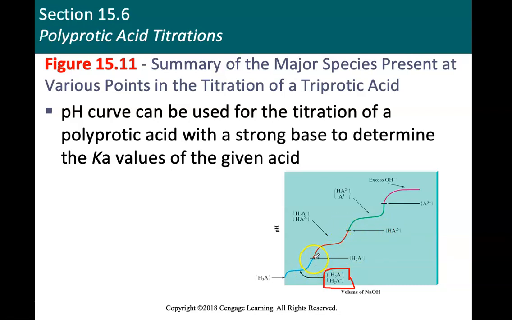There are three equivalence points, 1, 2, and 3, and these are the pHs at equivalence point. That's the first pH, second, and third. And now let me just highlight the midpoint of the equivalence, that is half of the equivalence point. This is where pH is equal to pKa1 for the first, pH is equal to pKa2 for the second, and pH is equal to pKa3 for the third.